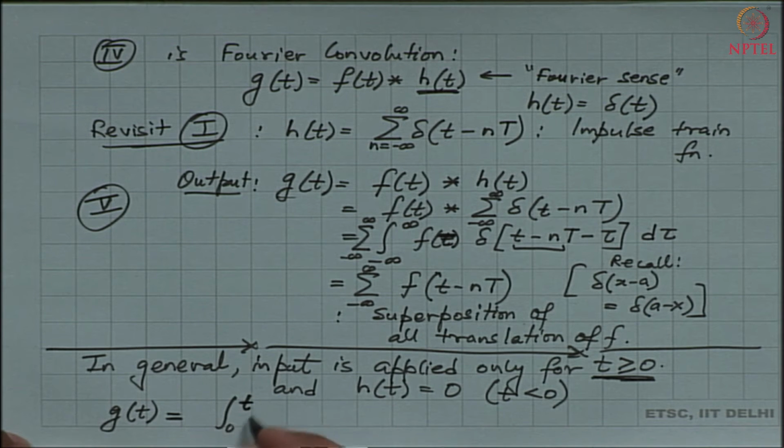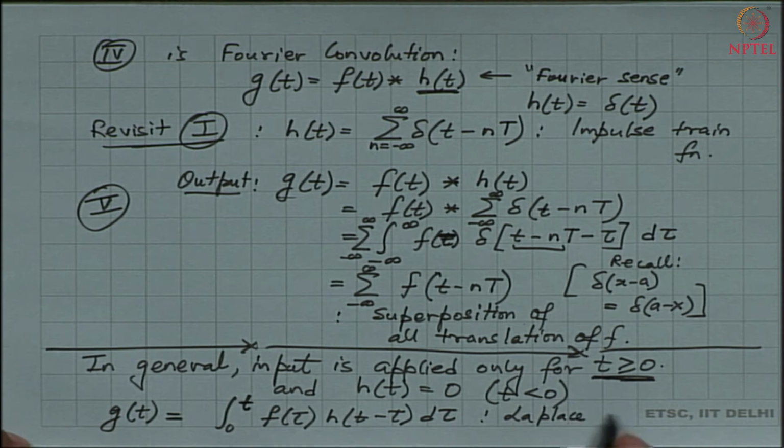Well, t could be any point of time up to which we want to calculate our output. So, it is integral from 0 to t of f of tau h of t minus tau d tau. Our output is the convolution of the input, but this is in the Laplace sense, not in the Fourier sense. Why? Because I have completely discarded the negative half of the integral.